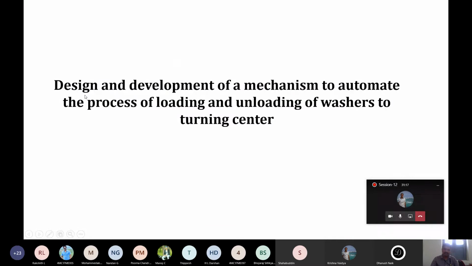The project work was design and development of a mechanism to automate the process of loading and unloading of washers to a turning center, that is CNC. For a CNC machine, they had to design a mechanism for loading washers. That is the problem.